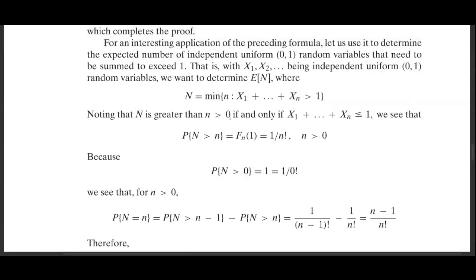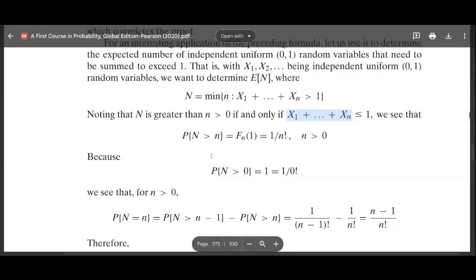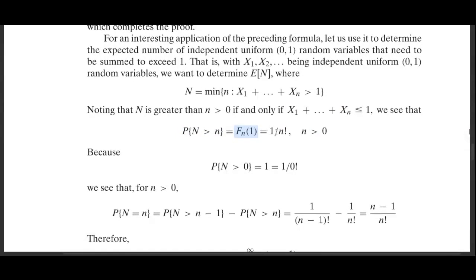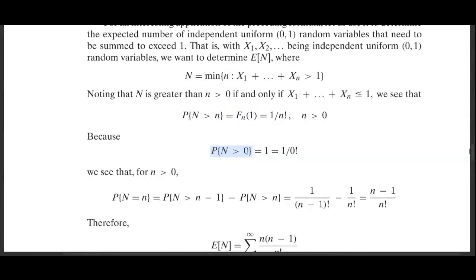So N is greater than little n if and only if the sum of those is less than or equal to 1. So we have the probability of N greater than n equals 1 over n factorial. Why? Because for n equal 0, N is at least 1, so the probability equals 1.